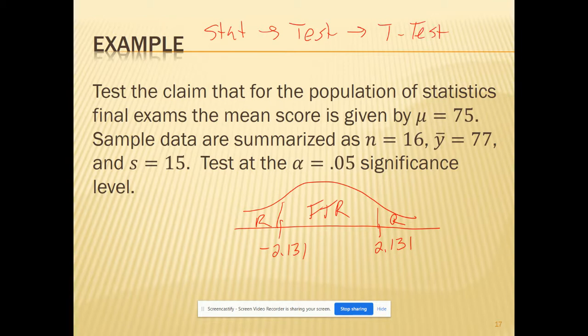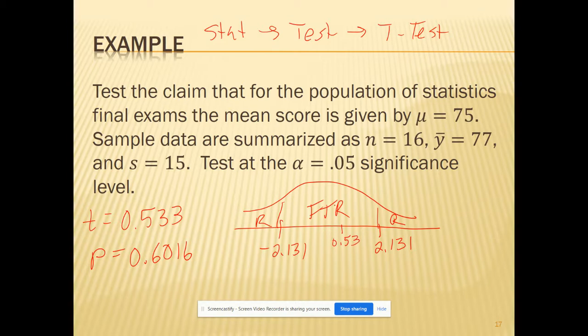If you do that, your calculator should tell you that the T value is about 0.533, and the P value that goes with that should be about 0.6016. So 0.533 is over here.